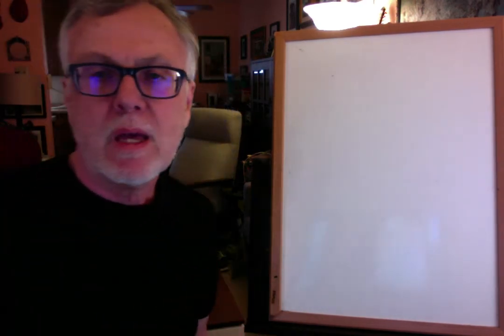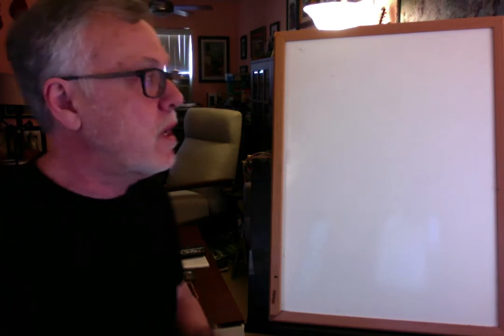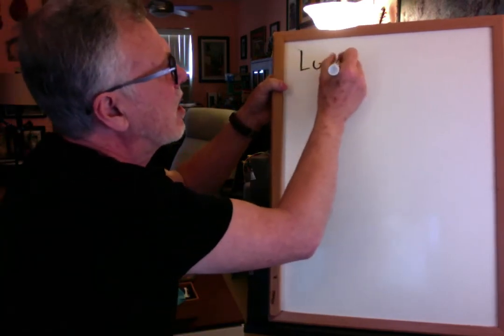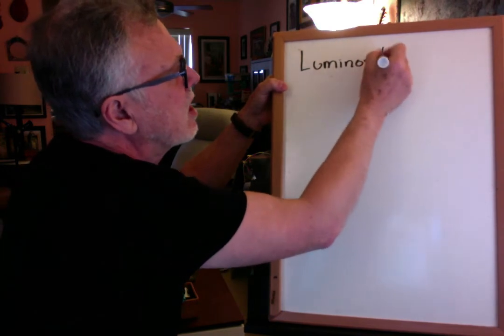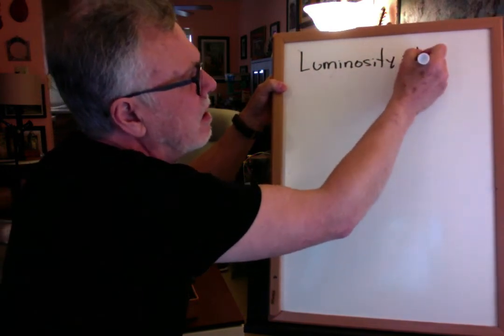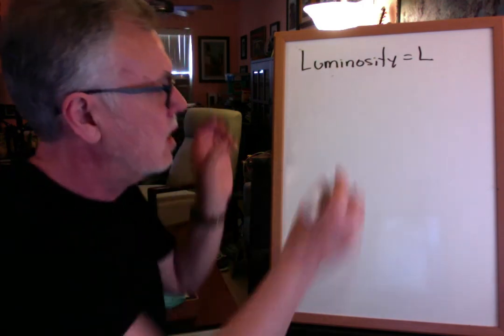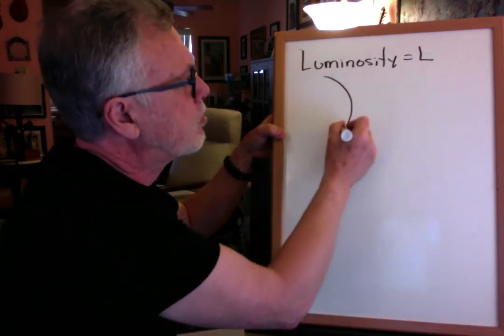So, the luminosity is defined to be this. It has a symbol L. And so, let's say that this is a star surface.